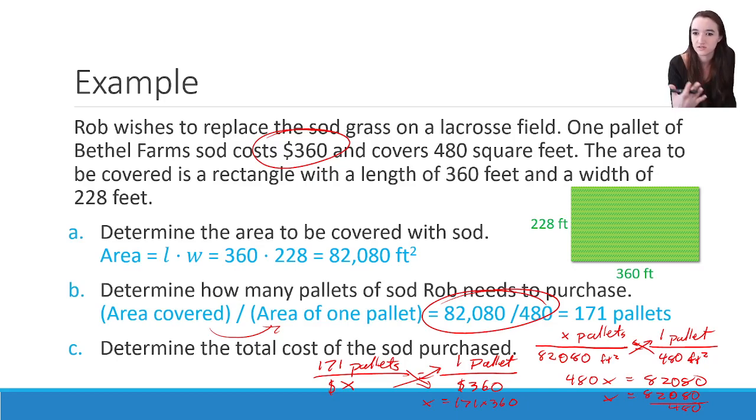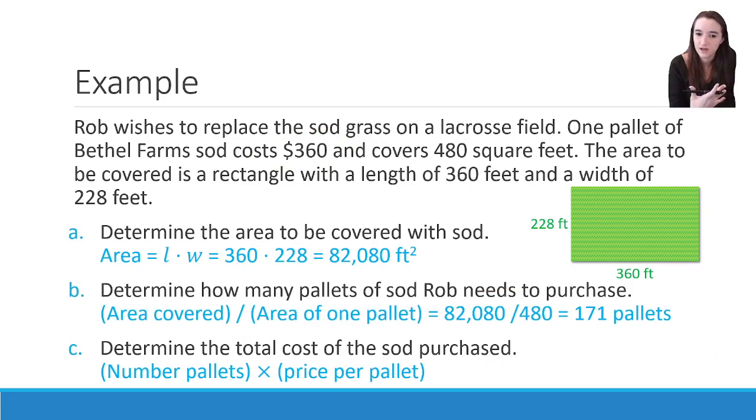The number of pallets is 171, so number of pallets times price per pallet is 171 times 360, which is $61,560. So whichever way of solving this you like, whether you set up the proportion or think out what's really happening, either way will get you to the same result.